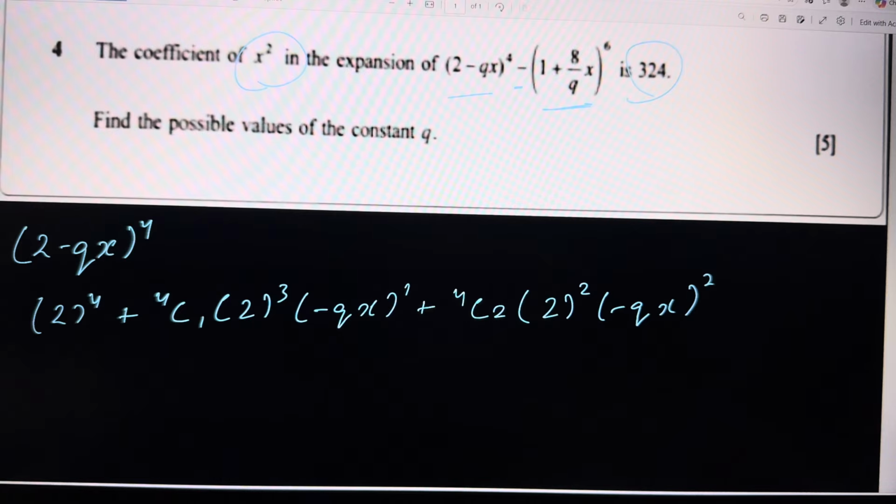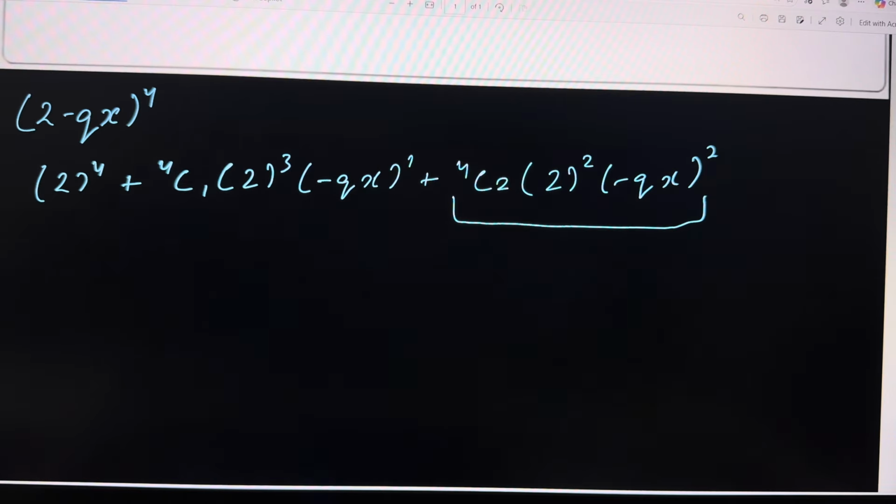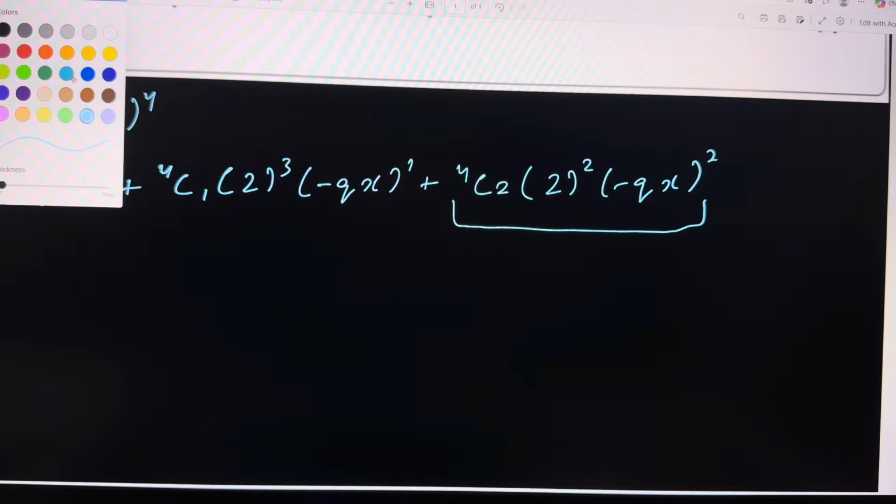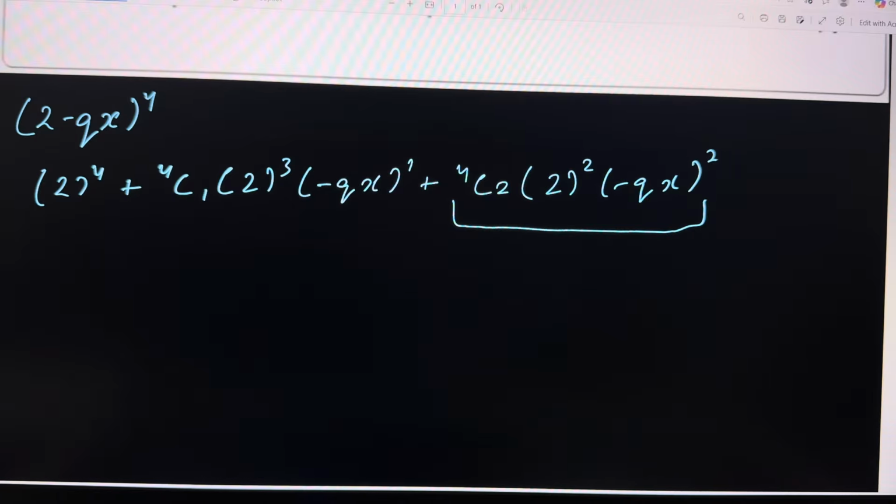We don't really have to expand these fully. You could just find the x squared term. This is the x squared term, of course. If we expand this, we will get 4C2 times 2 squared. We get positive because the square cancels the sign. So we get 24.